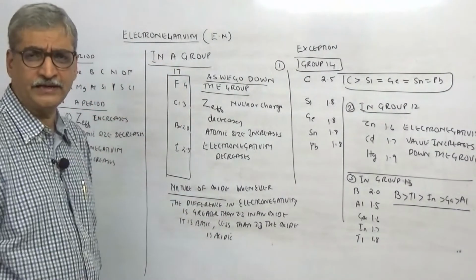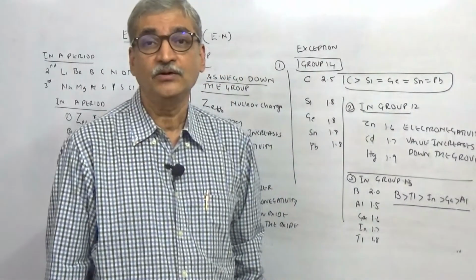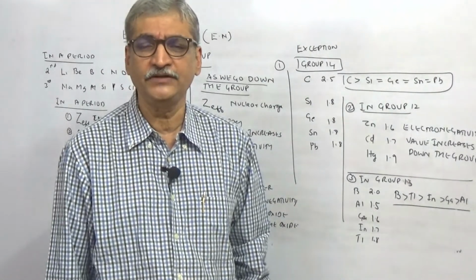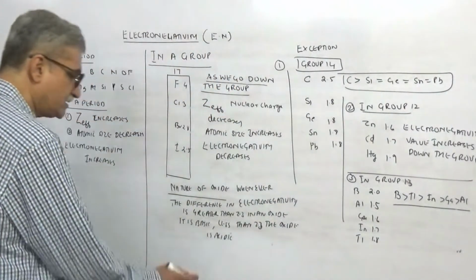If they give the electronegativity value of the oxide and ask what will be the nature of the oxide, simple. You can find out the nature of the oxide by the difference. Okay, so this is one more question.